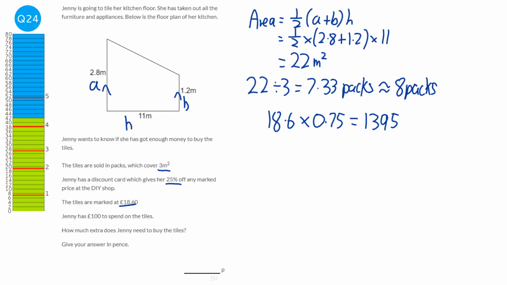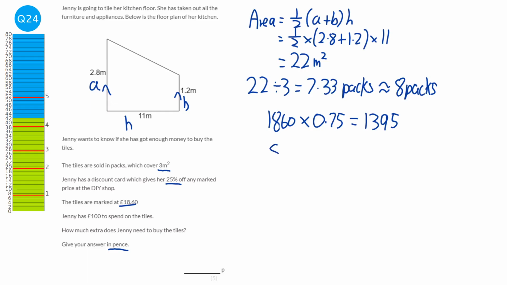Now I've done this in pence and I've kind of muddled it together here, so really let's just go back. So that would be 1,860 times 0.75, and so each pack will cost 1,395 pence, and the reason we're doing this in pence is the answer needs to be given in pence, so I might as well just make that conversion now.